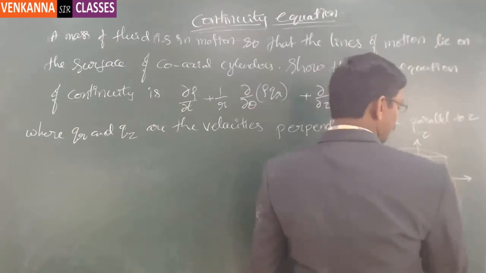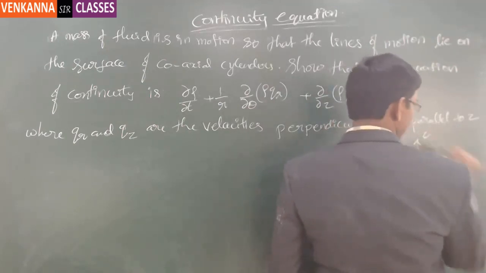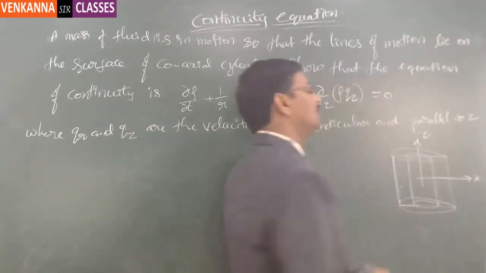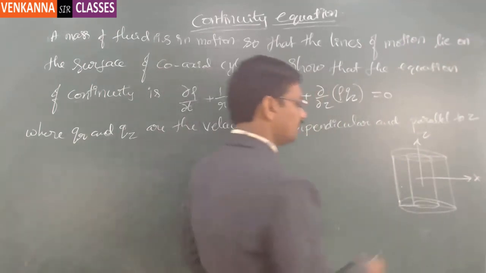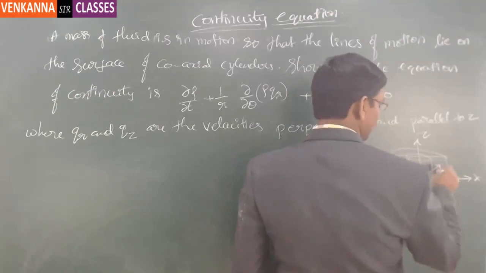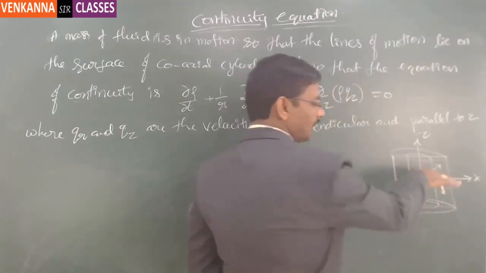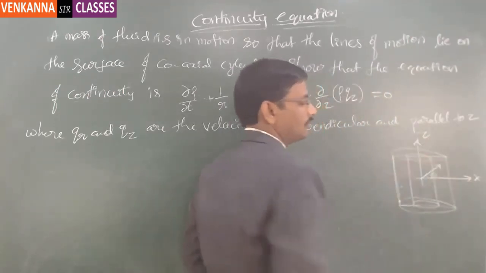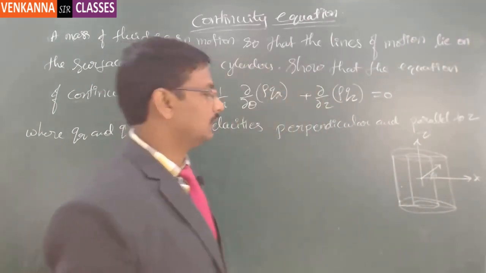Then on the XY plane, in the polar or cylindrical coordinate system, there will be a radius like this and this radius will make an angle of theta. So this is on the XY plane, not XZ. Got it? There is an angle of theta.